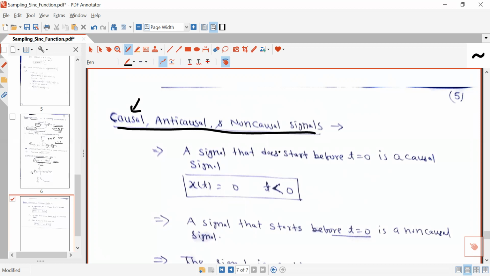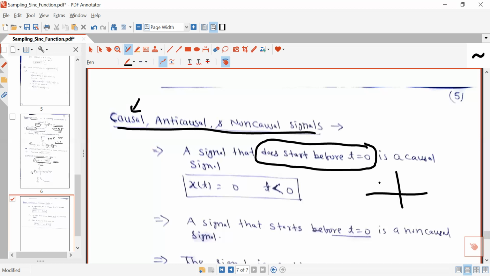A signal that does not start before t equal to 0, whose value is 0 when t is negative, is a causal signal. Its value in the negative half will always be equal to 0.